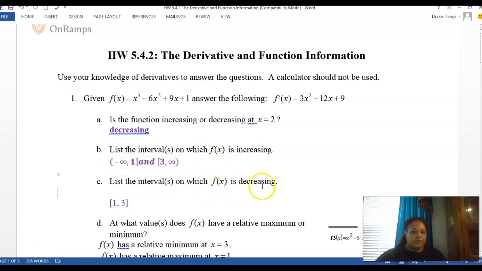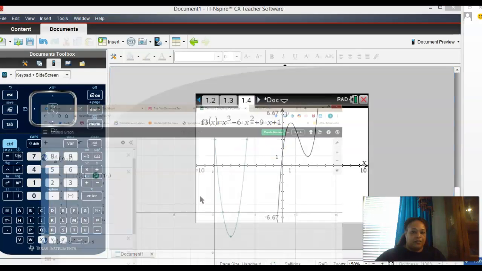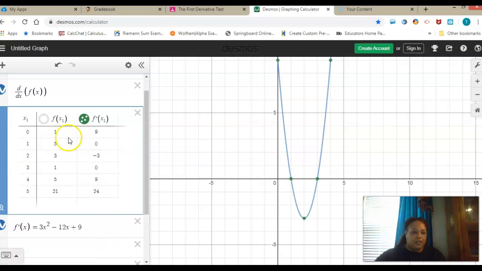List the intervals on which f of x is decreasing: in between, so that's just 1 and 3. If you look here, you see how it goes from 5 to 3, and then from 3 to 1. In between these values right here, that's the only place the y values are decreasing. So from 1 to 3 is my decreasing.